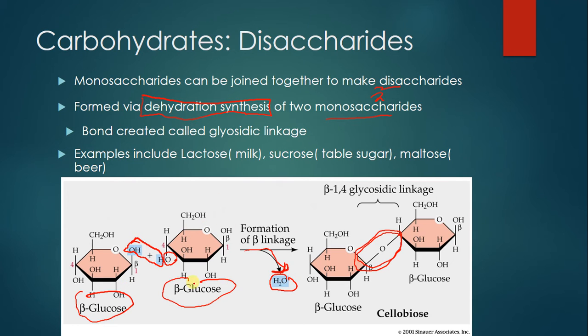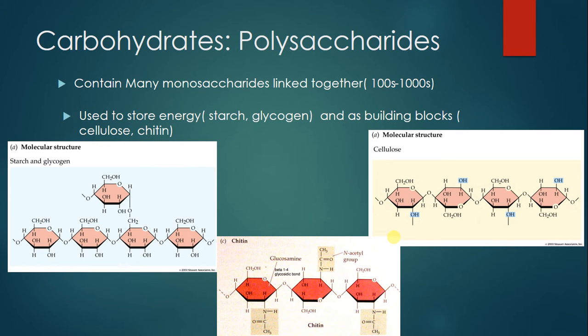So for this example, we got 2 glucose molecules forming a glycosidic linkage, a disaccharide called cellobiose, which is 2 beta glucoses linked together. And we can keep going, and we can keep adding different monomers or disaccharides on there till we get long chains of polysaccharides, or many sugars together.